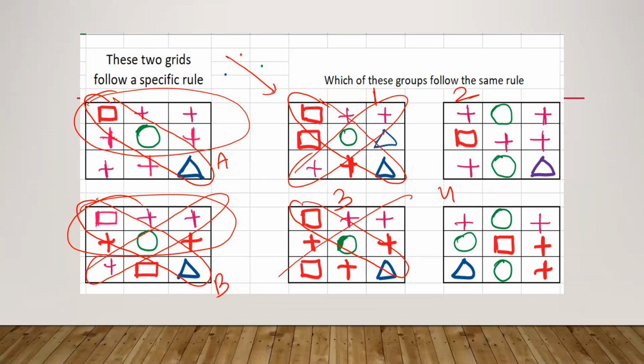Then anything else? If you see the last row, is it also same in both options? Last row is not, sorry for that. So the answer for the third would be 1 and 3.